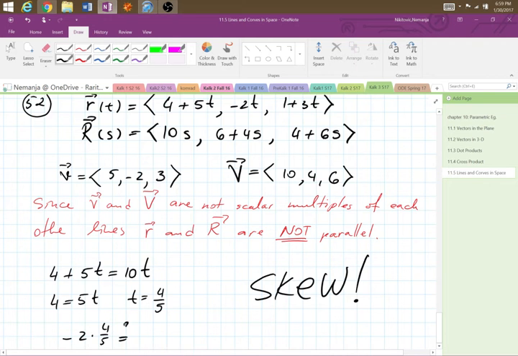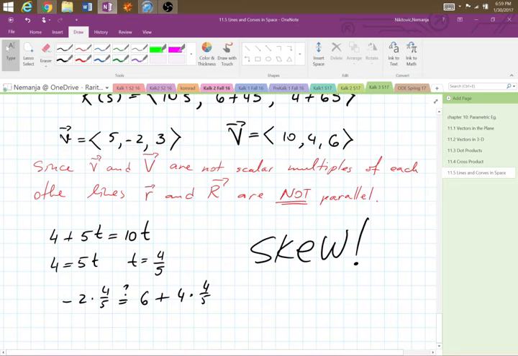I'm asking myself if that's the same as 6 plus 4 times 4/5. On the left-hand side, you have a negative number. On the right-hand side, you have a positive number. So the y coordinate is not going to match. We found the common time for the x coordinate, and then the y coordinate was divergent already. So we don't even check for the z component because we found that y doesn't work. There's no reason to push forward.